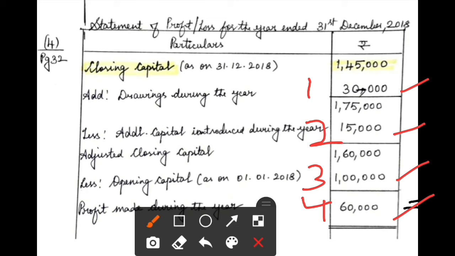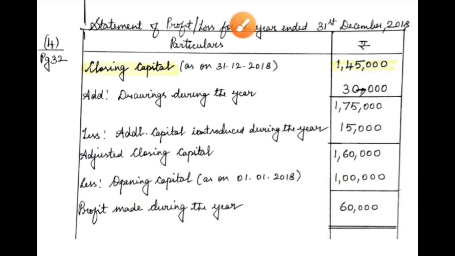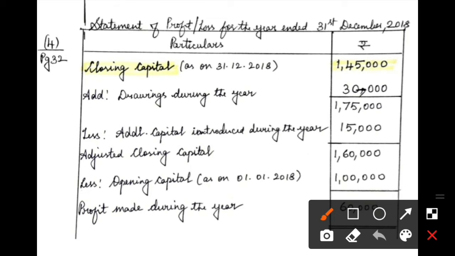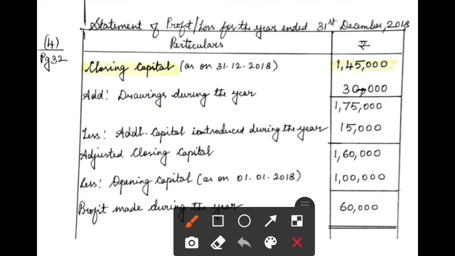Okay, so next what do we do with the available information? You will have to actually proceed from the profit. That is the right way to proceed. What you have in the profit is 60,000, and just above that you have now 1 lakh. You just try to combine these two. Though here it says less, you must just add.